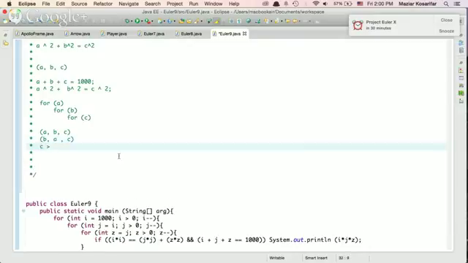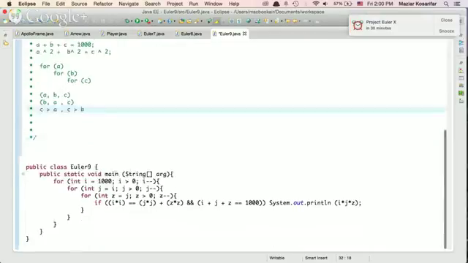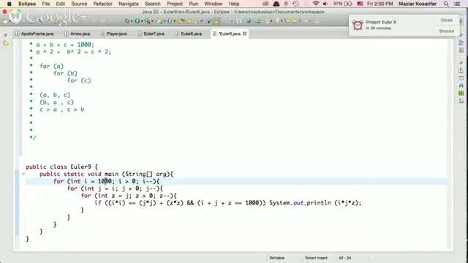And we know that C should be greater than A and B. Because this is a huge range of numbers, to reduce the repetitions, I start from 1000 and come down until 0, and then I start from the previous value and come down until 0.